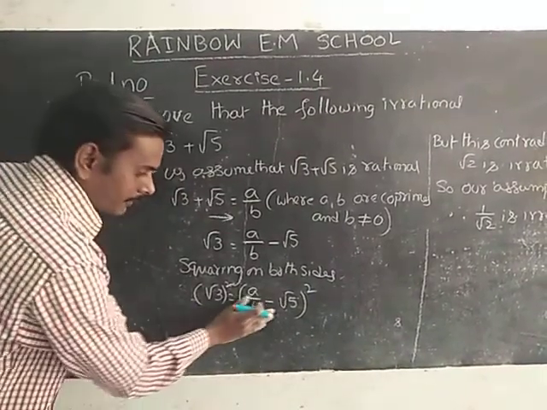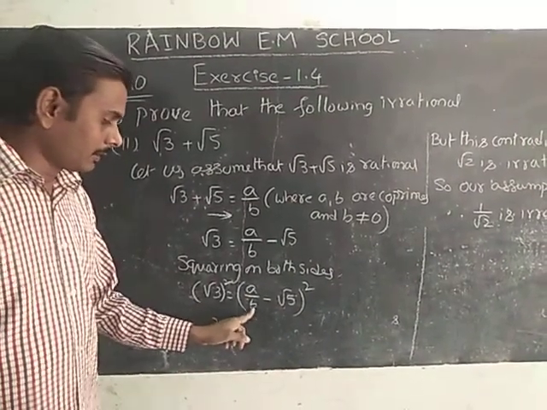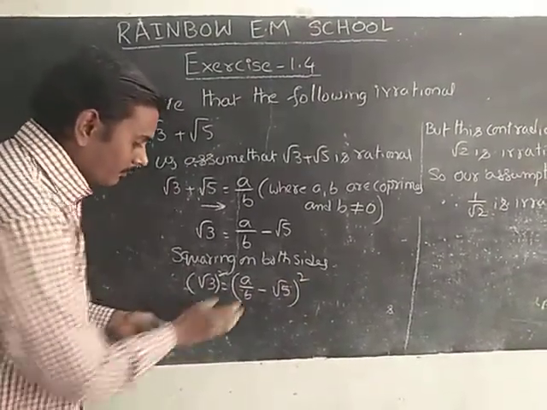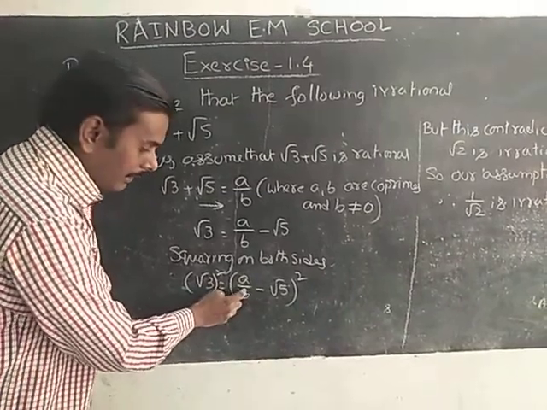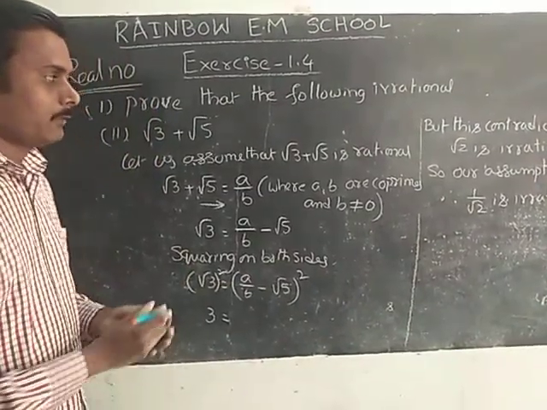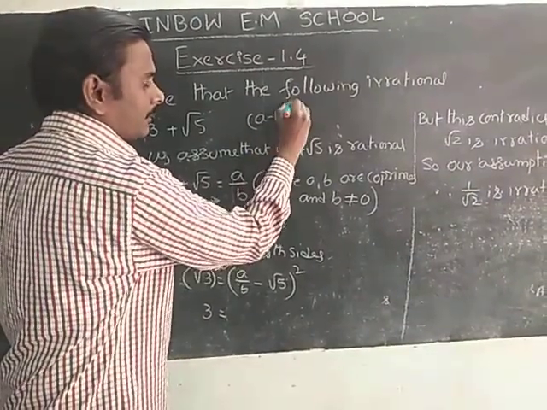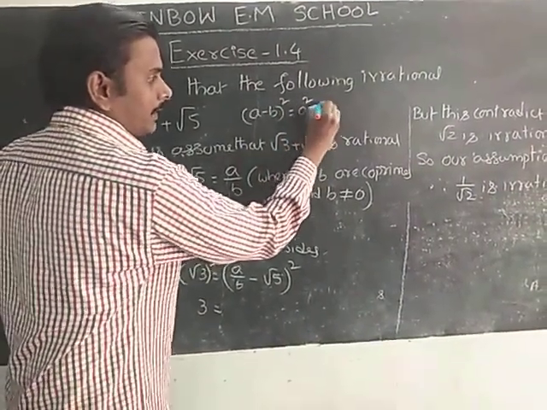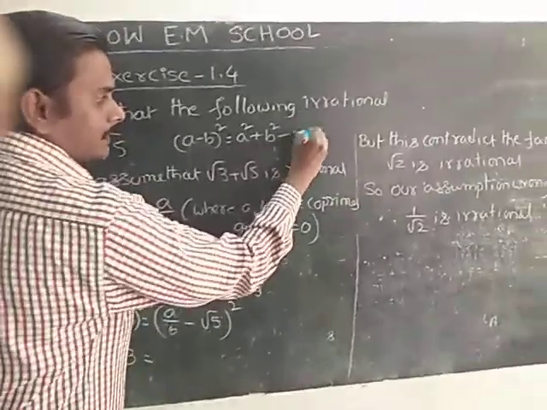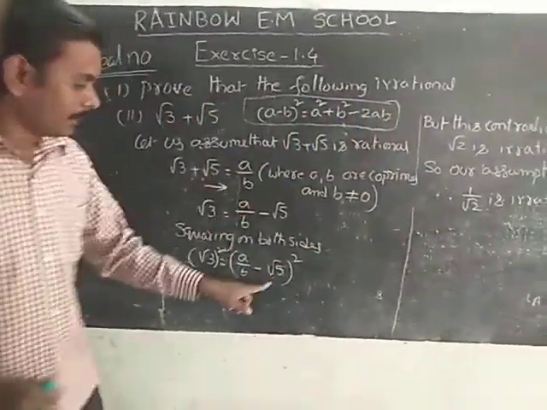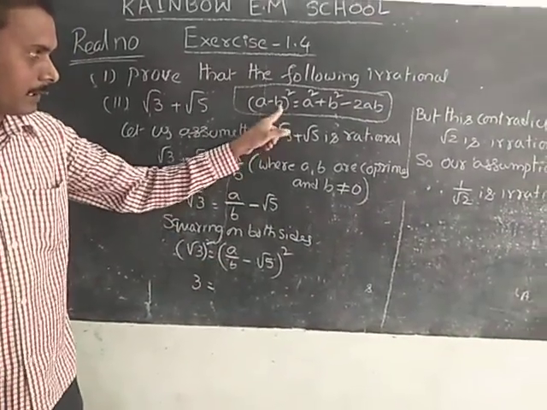On the right, observe which formula it is in the form of: a by b minus root 5 whole square, that is (a minus b) whole square. The formula: (a minus b) whole square equals a square plus b square minus 2ab.